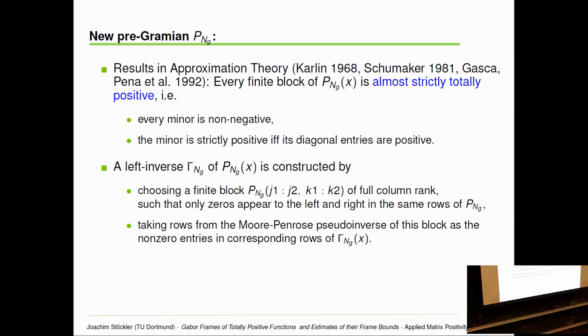So the left inverse is constructed by choosing this finite block of full column rank such that only zeros occur to the left and right, taking rows from the Moore-Penrose pseudo inverse because it's typically rectangular, will give you increase of the function values of your dual window.